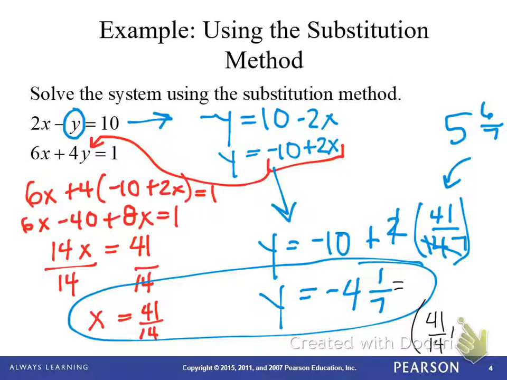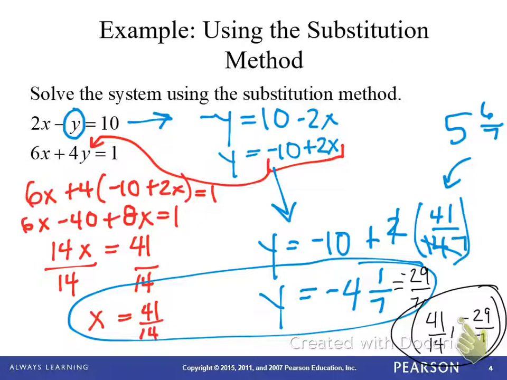So 4 times 7 is 28, plus 1 is 29 over 7. It needs to be negative. So this would be my final answer. Okay. So substitution is I'm taking one variable and plugging its equivalent expression into the other in order to go through and solve the problem.